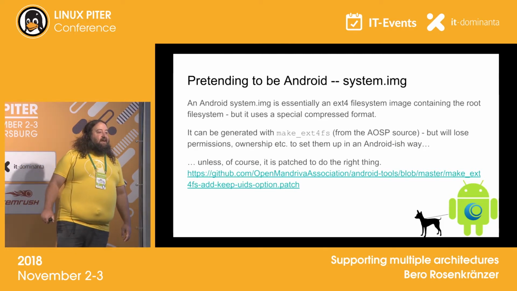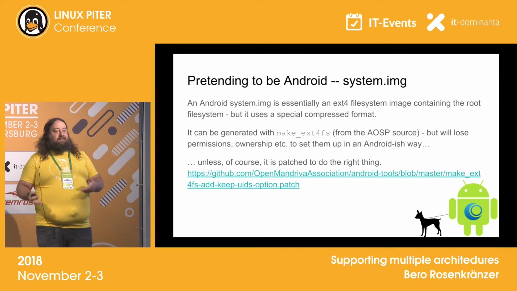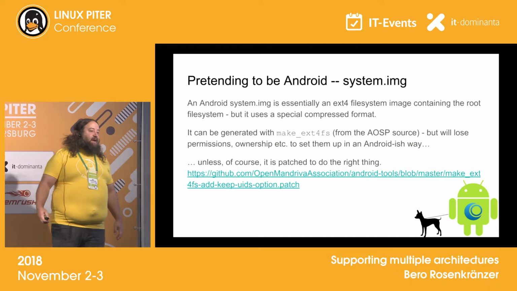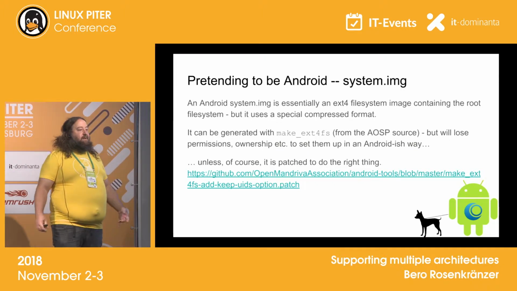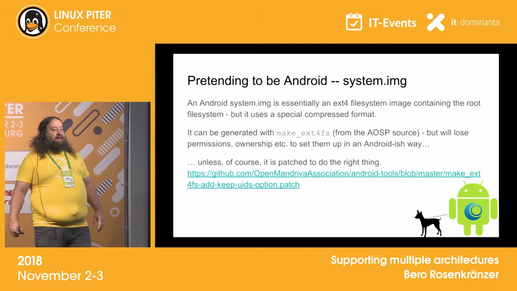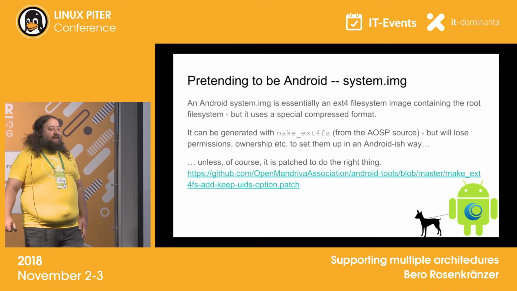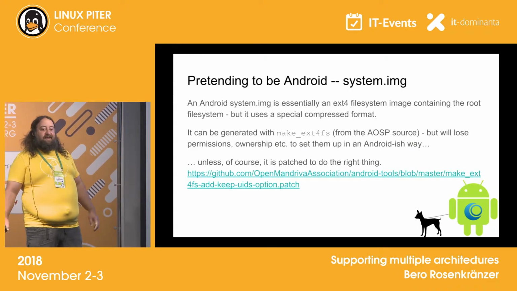Everything that's in /data will be owned by whatever Android user is set by default, and will be readable only to that user. And we are not following the Android file system standards. Obviously, we are following Linux file system standards.